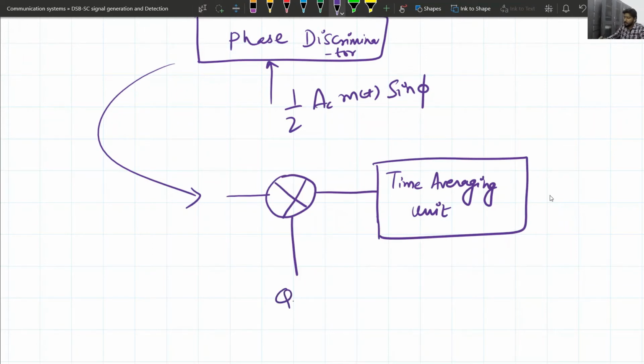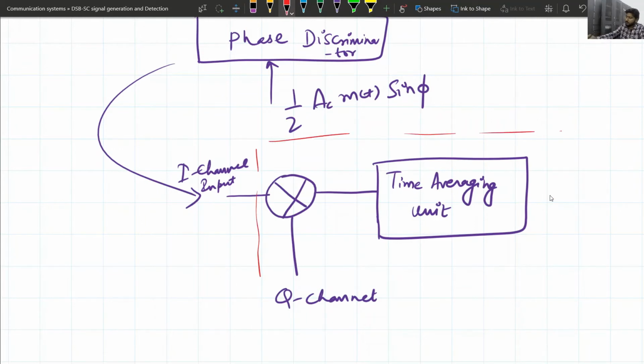This is the Q channel input, and this is the I channel input. This whole functional block diagram is the phase discriminator.